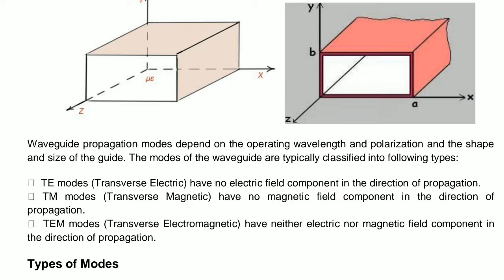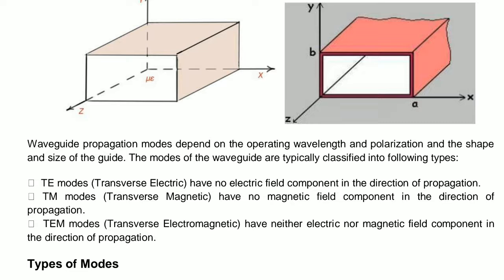We can see there are three types of modes: TE modes, which stands for transverse electric, TM modes, which is transverse magnetic, and TEM mode, which is transverse electromagnetic. If you remember my last lecture, I covered one very important topic, the difference between waveguides and transmission lines.